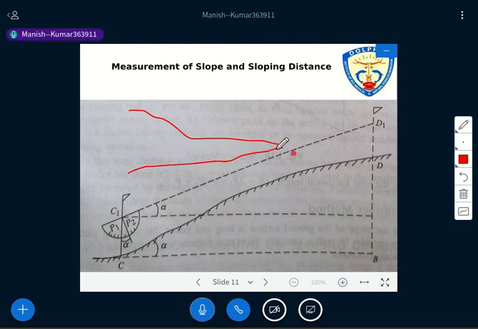First you place one ranging rod here, one ranging rod here. Then using the clinometer you get the angle. For example, the angle is A, the slope is L1 and this is D1. So D1 will be L1 cos A.